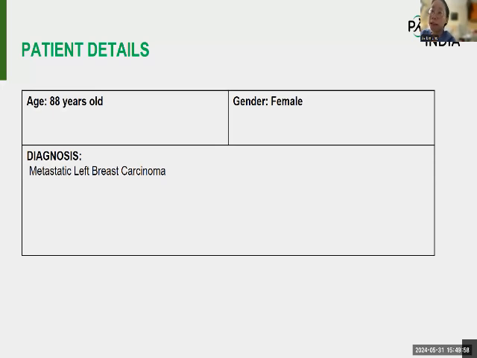So my case is a female patient, 88 years old, with diagnosis of metastatic left breast carcinoma.